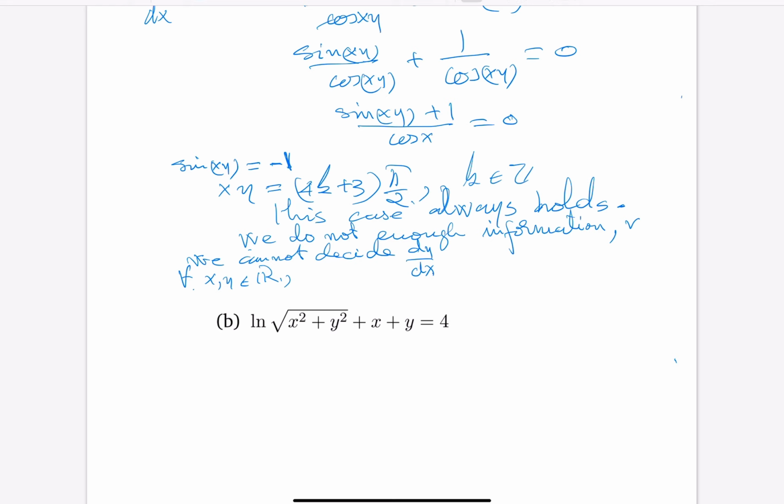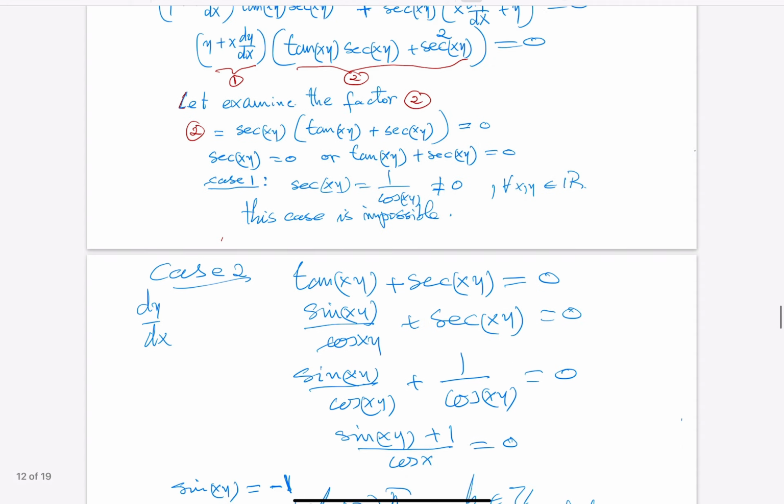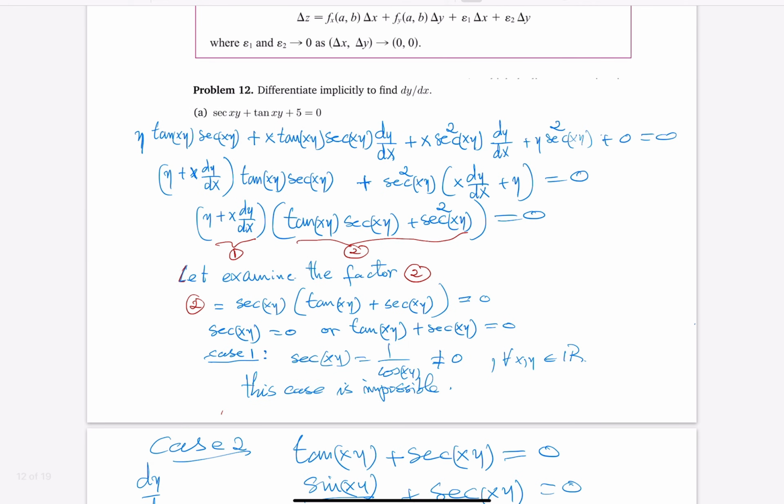For all x and y real numbers, if x and y are different to 4k plus 3 pi over 2, then from this one I call it 1, from here I call it 1.